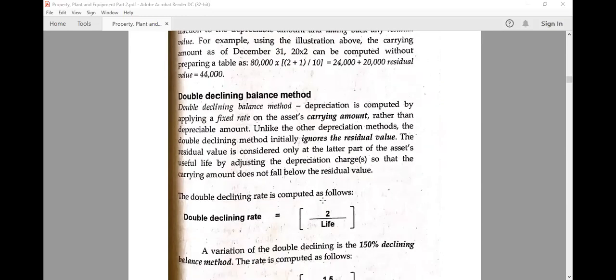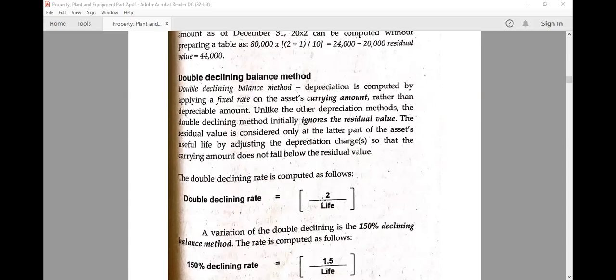Then next to that is the double declining balance method. For double declining, the word is double. That's why our numerator would be 200%, or 2, if we express 200% as a whole number. What is unique in this particular method is that instead of using the depreciable amount, we are going to use the carrying amount to get our depreciation charge, or depreciation expense, for that particular period.